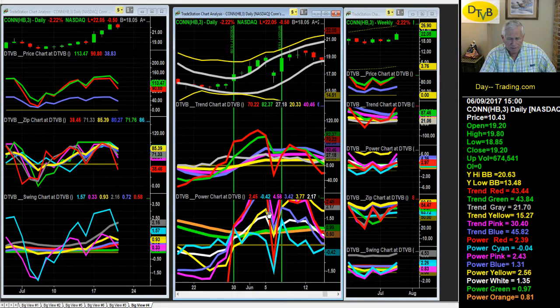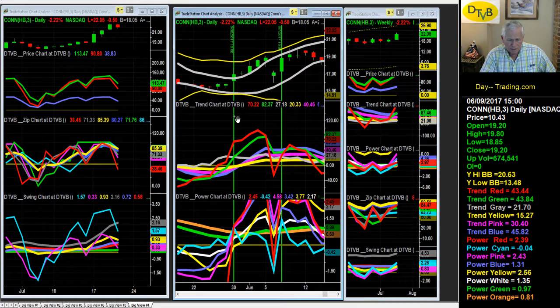Keep in mind, or please identify the fact that yellow crossed under the orange. Yellow and white crossed under the orange, and then of course went back up. And yellow in this case, we had one more day after this green vertical line, and then it kind of flattened out. Price flattened out, and then trend red starts going down after that.